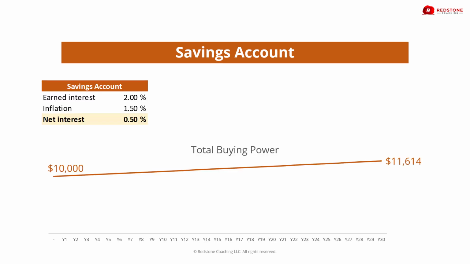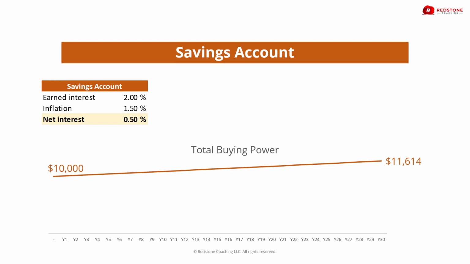So what this looks like is, let's say that your interest on your savings account is 2% annually or 1.5% annually. Well, in this example, I'm giving 2%. Now, let's say, again, inflation is 1.5%. Well, that means that your net interest is going to be half a percentage, or what's called 50 basis points.